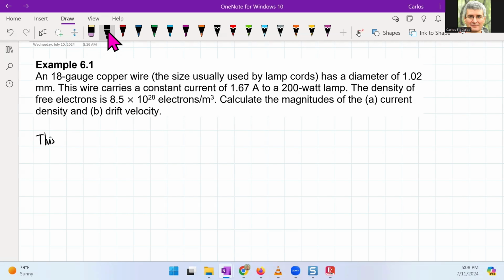This example is used to differentiate between current and current density.